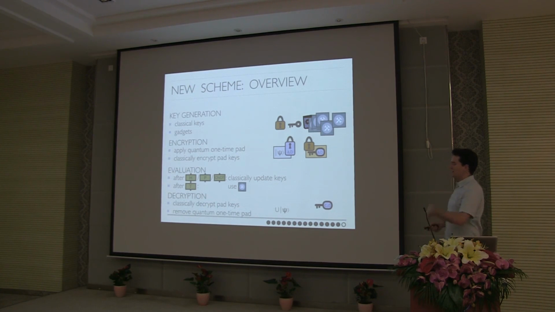And so you have to know all the outcomes of all the measurements. You have to know how exactly the gadget is prepared. And so again, you're using the homomorphic property of the classical scheme to cope with that. And also just the way the gadgets are constructed, you have to be careful as well, because you also have to kind of encrypt these EPR pairs.